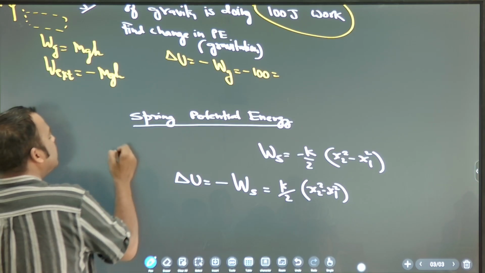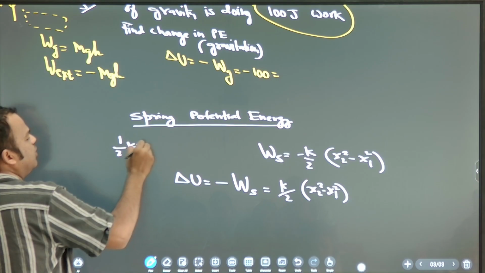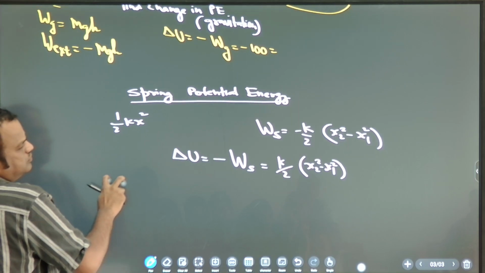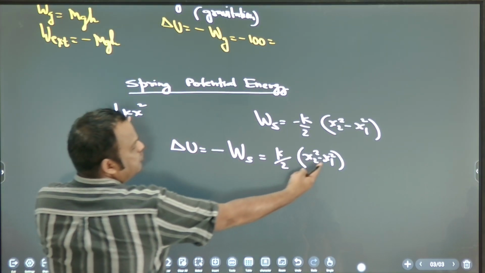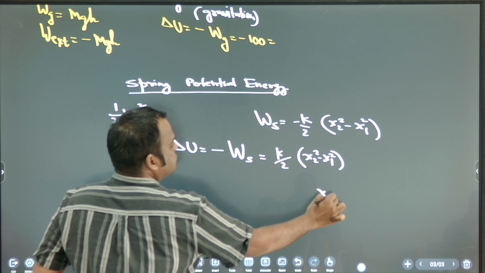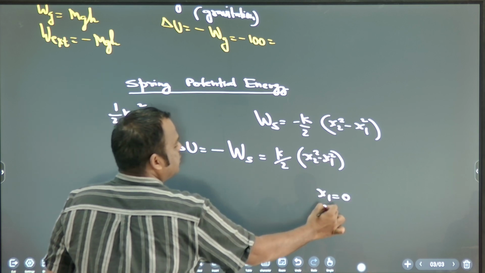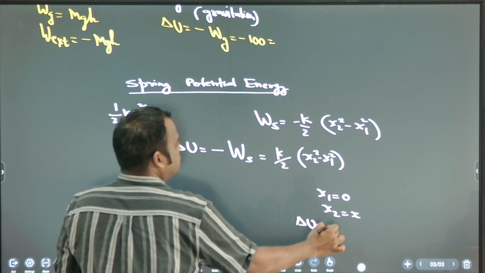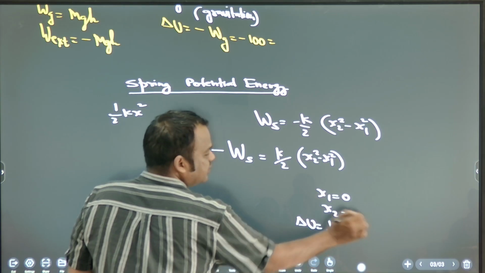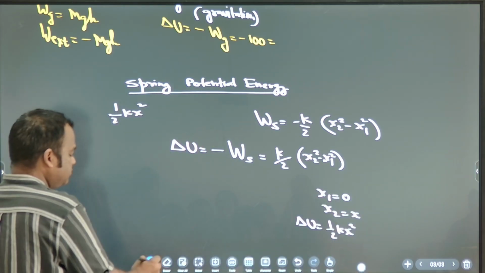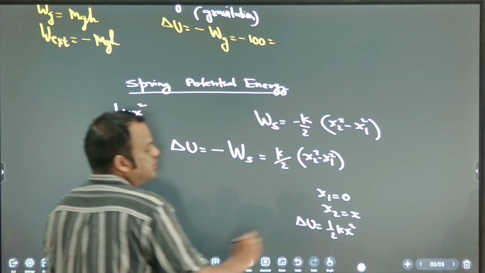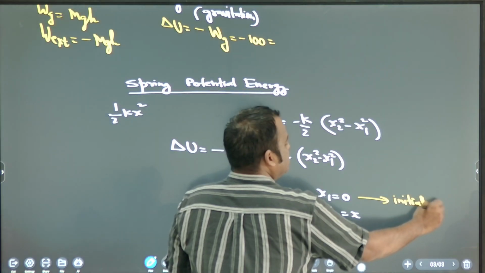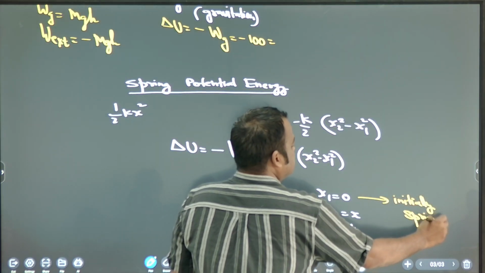So how are we getting this formula? What is the meaning of this formula? See, if you put x1 equal to 0 and x2 equal to x, then what is delta U? Tell me. Half kx square, correct? If x1 is 0, it means initially the spring is relaxed.